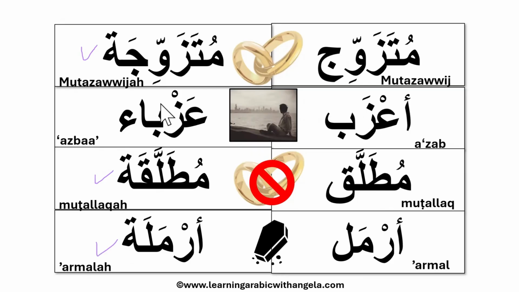However, for azab, the feminine becomes azba, and it ends with an alif and a glottal stop. So these are signs of feminine endings, the round ta and the alif with the glottal stop. Not only those, there's another video if you'd like to learn more about feminine nouns. I'll link it in the description box.